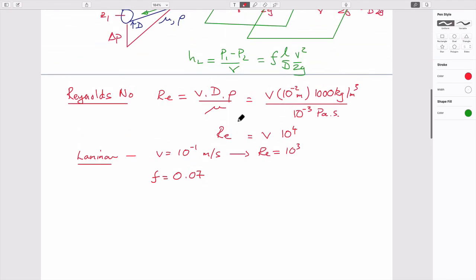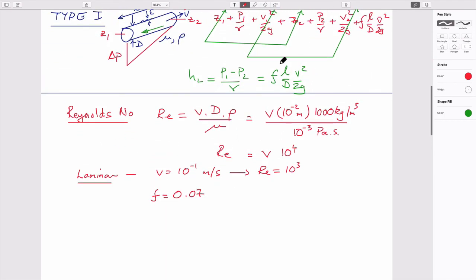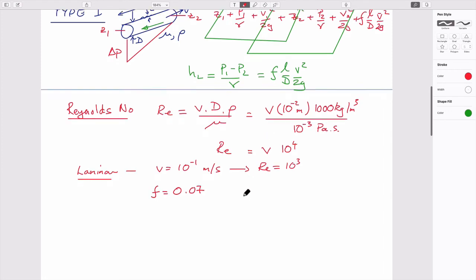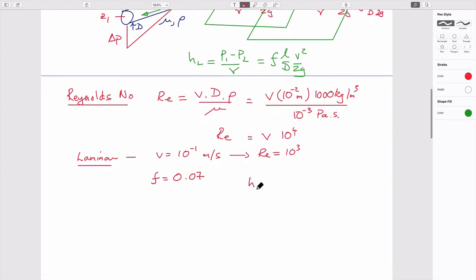And so from this expression now, we could calculate the head loss as being a function of that. So in other words, the head loss is equal to the friction factor, which we know, the length over diameter, we know, velocity squared over 2g, so we've chosen that.